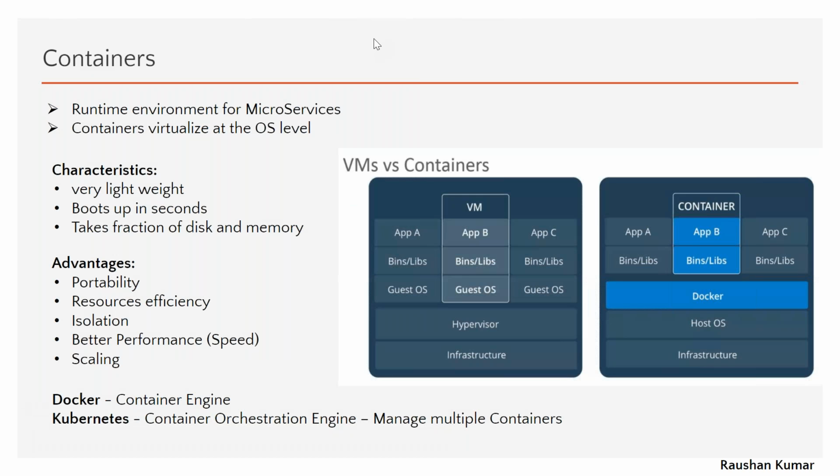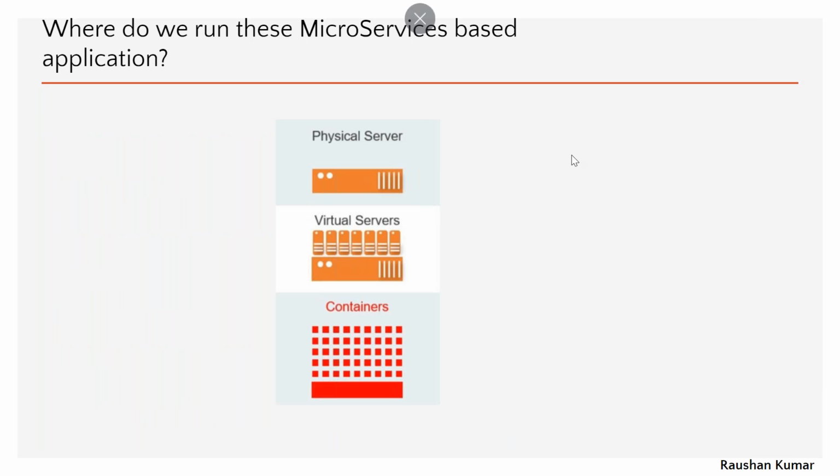What is a container? We have understood the physical server. Physical servers are nothing but a bigger box with so many CPUs and huge RAM. Now I have broken down this physical server into various VMs, and in all these VMs I can have different operating systems.